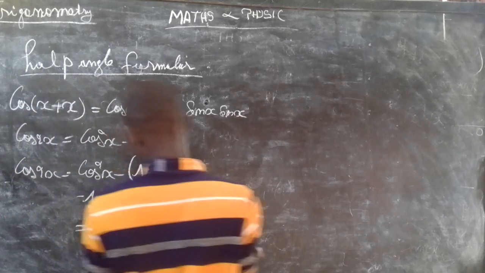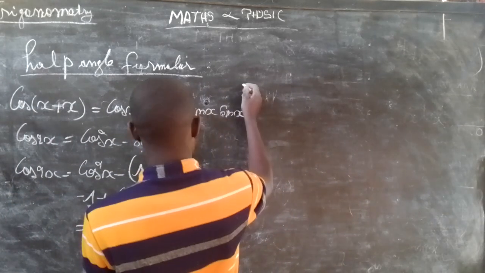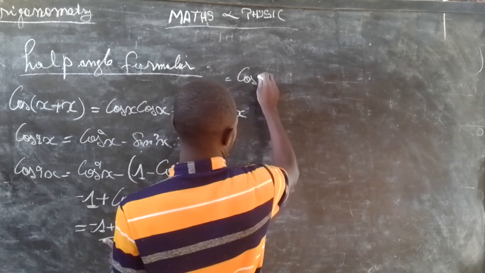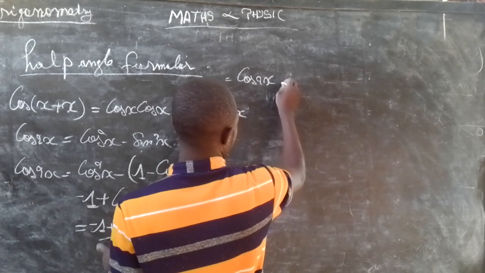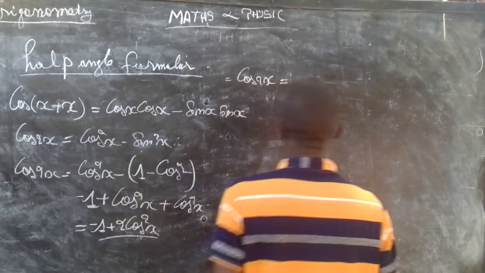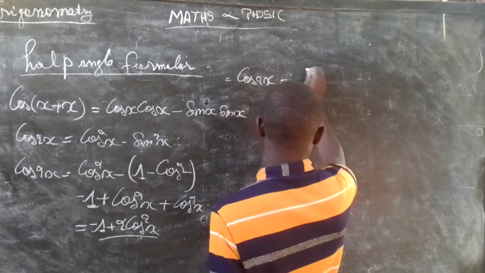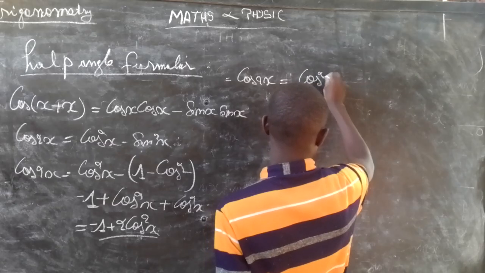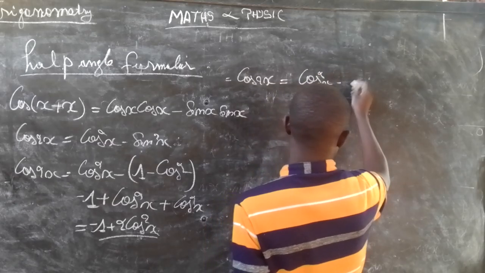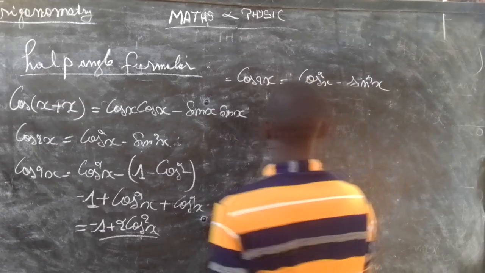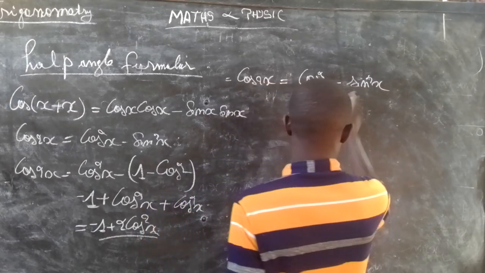Cosine of 2x, from the double angle. Here also we know that cosine square x minus sine square x, we know this.